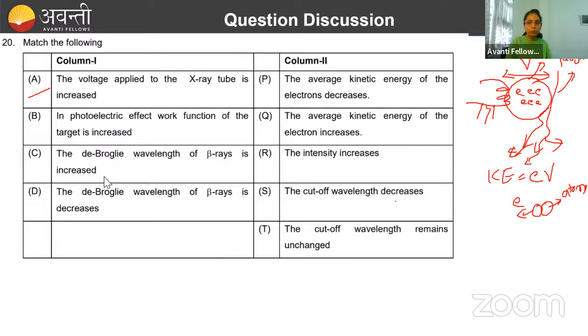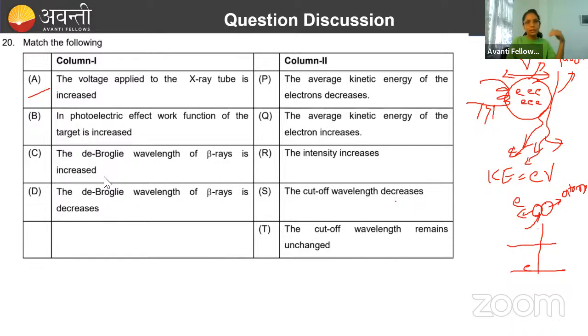How? क्योंकि आप देखो collision होता है atom के बीच में और electron के बीच में. If this electron has more energy, definitely it will tend to give more energy to the atom. If the atom is gaining more energy, its electron in the ground state will jump to a higher energy state, right?